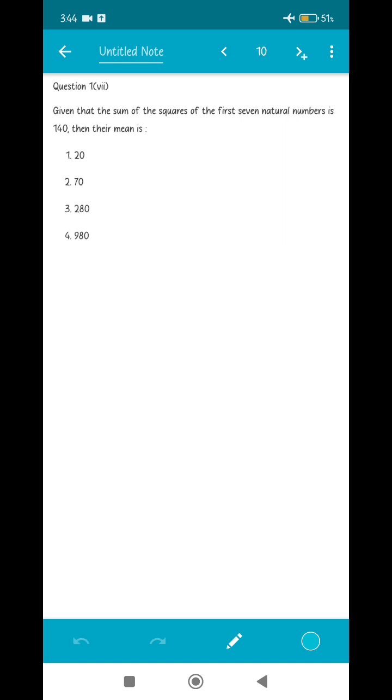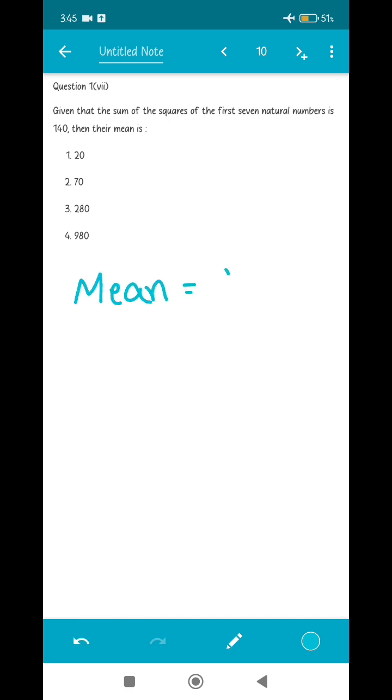The last question from today's session. Given that the sum of the squares of the first 7 natural numbers is 140, then their mean is. Alright, so they have said that the sum of the squares of the first 7 natural numbers, and we have to find out the mean. So it's a very simple question.